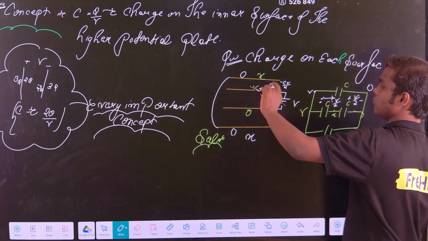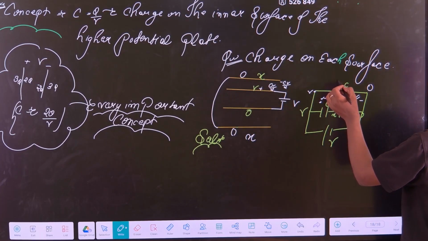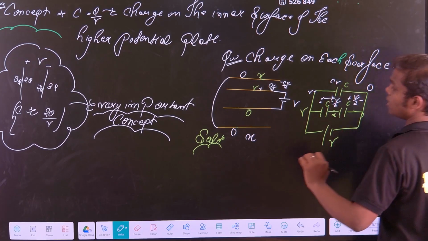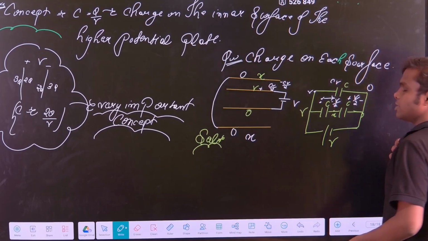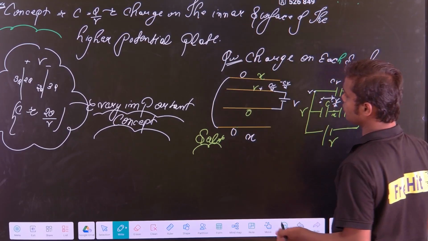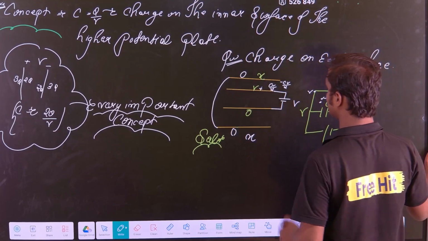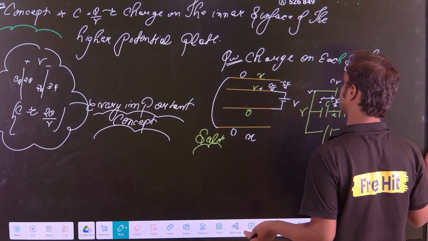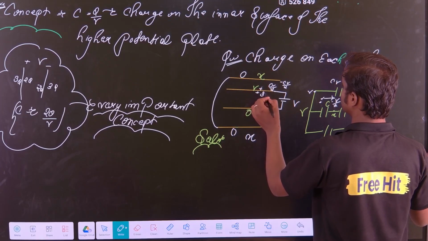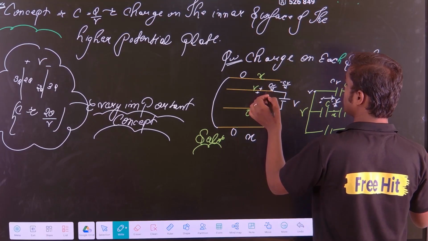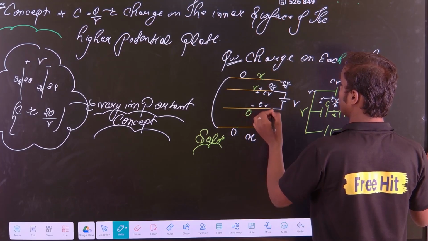Between V and 0, obviously this plate will have a positive charge. The total charge will be nothing but CV, so Q is equal to CV. The charge will be on the higher potential plate on the inner side. So we have plus CV and minus CV.